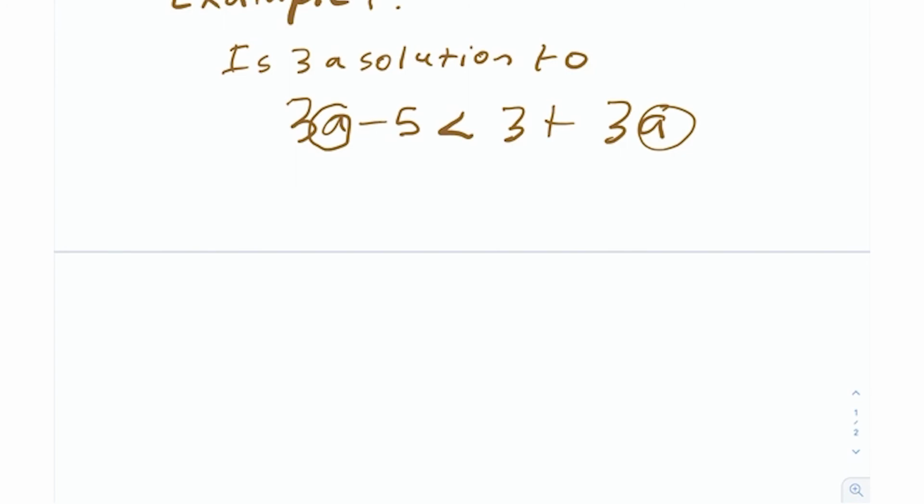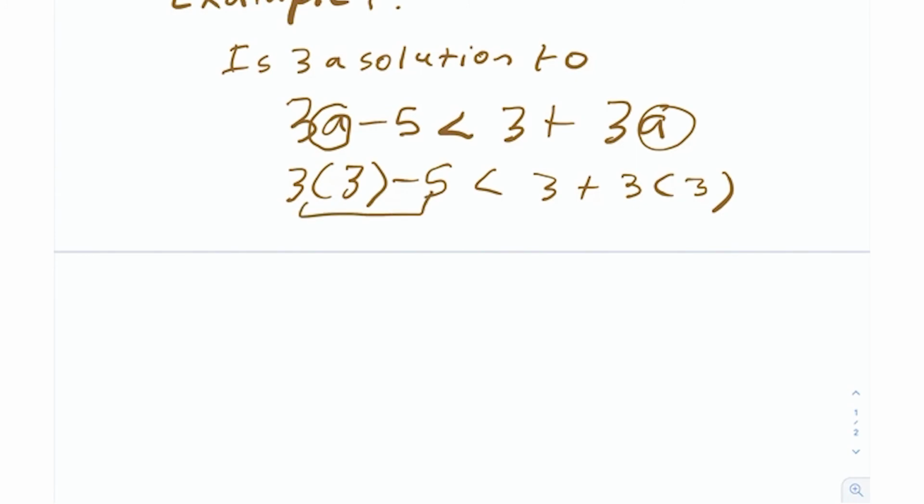So let's plug in 3 for a on both sides. So you get 3 times 3 minus 5 is less than 3 plus 3 times 3. Now let's subtract on this side, 9 minus 5, which is 4, and add on this side, 3 plus 9.